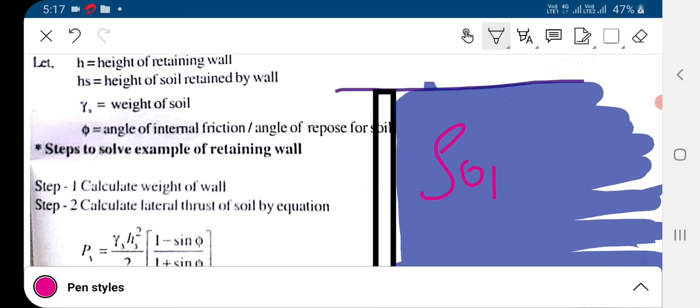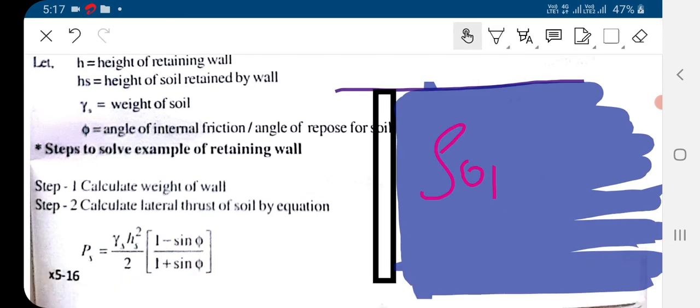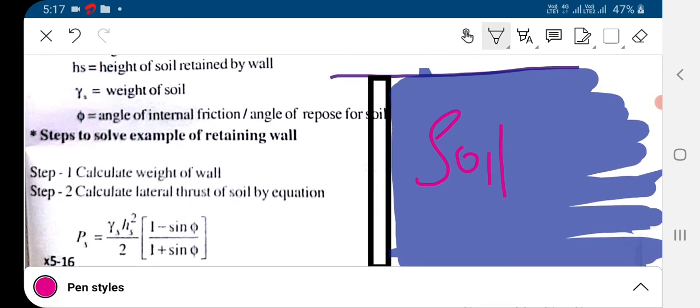After the construction of this diaphragm wall, what can we do? We can excavate this soil and we can construct this basement.